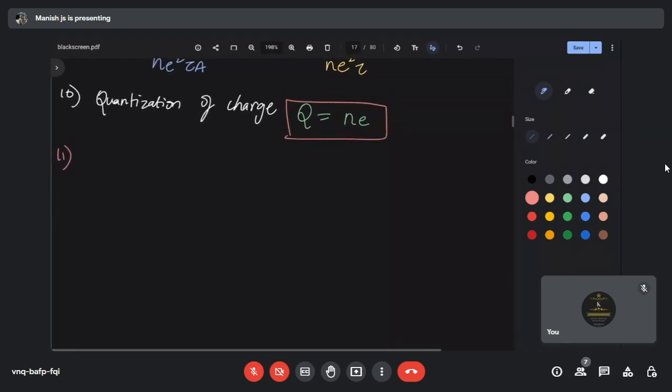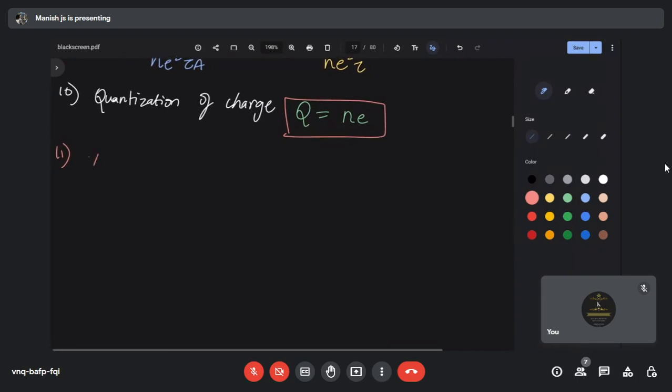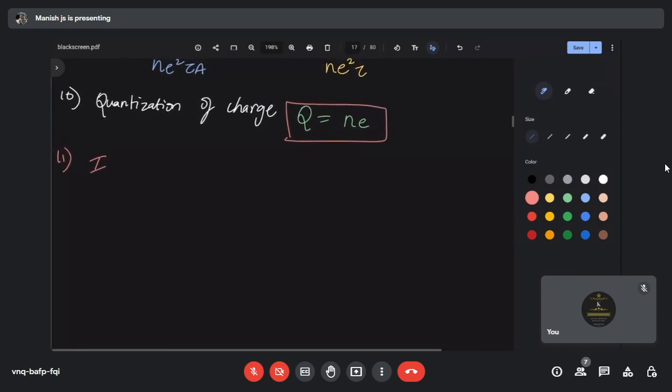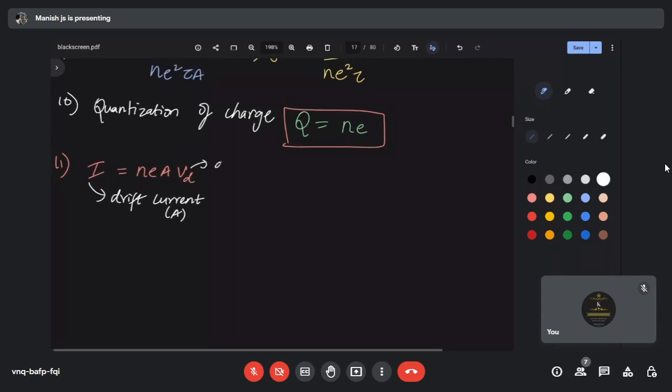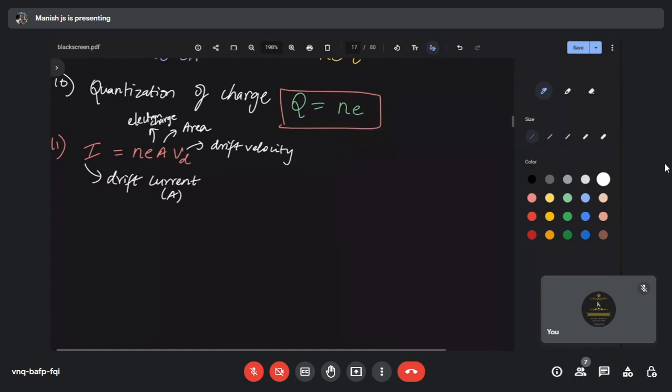Then the 11th one: in terms of current, how do we express it? I is equal to N E A Vd. This is called the drift current, where I is the drift current in amperes, Vd is the drift velocity, A is the area, E is the electron charge, and N is that integral value.